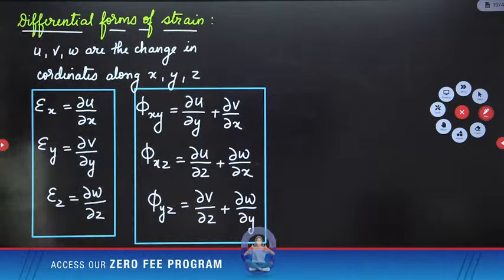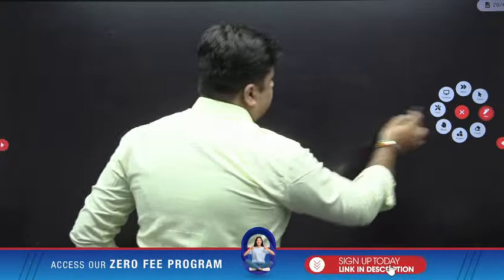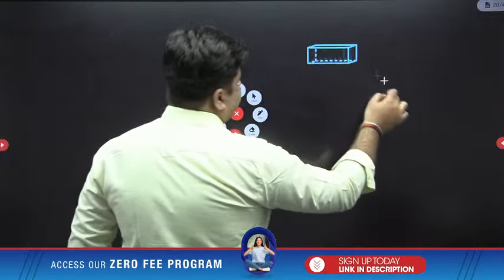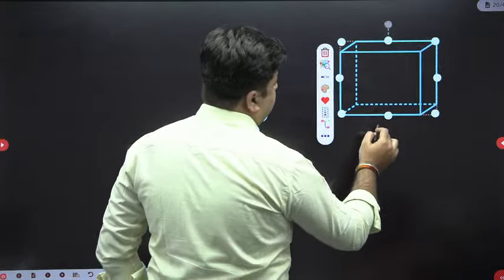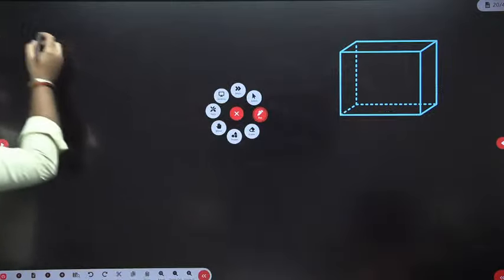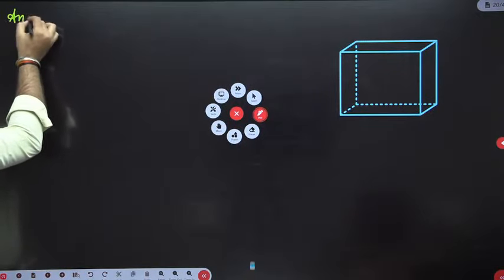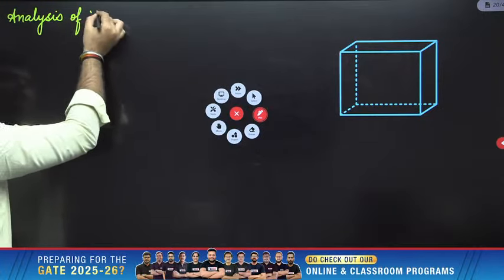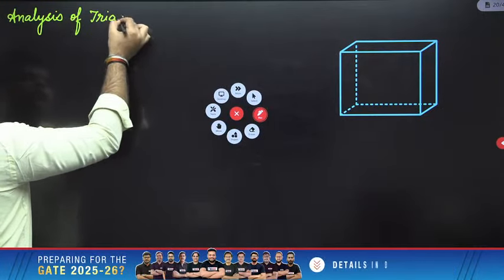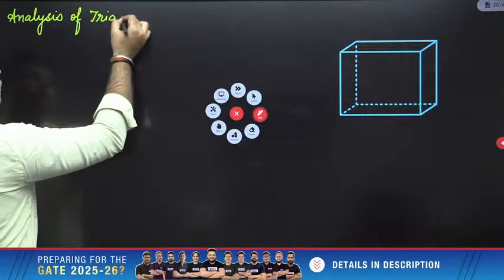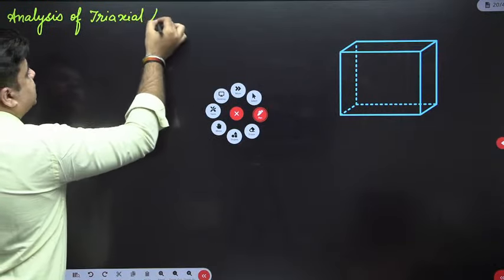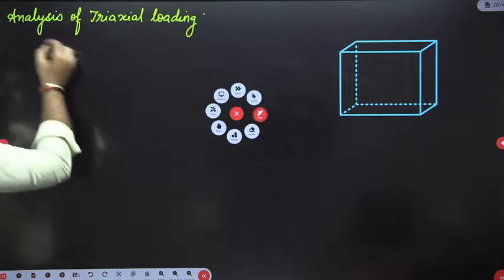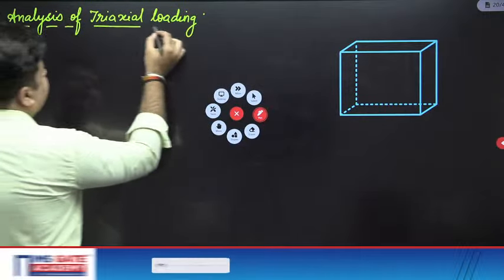On the same note, let me quickly give you an example: analysis of triaxial loading. We have one element which is subjected to normal stresses along x, y and z direction.